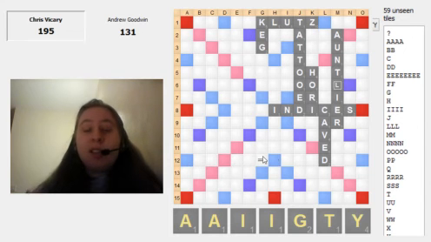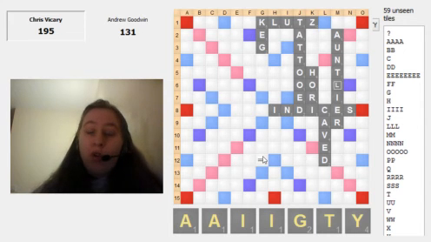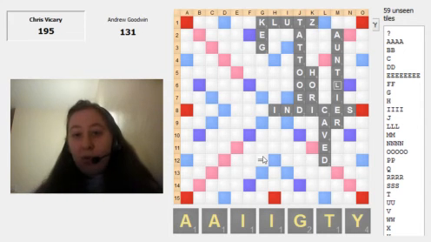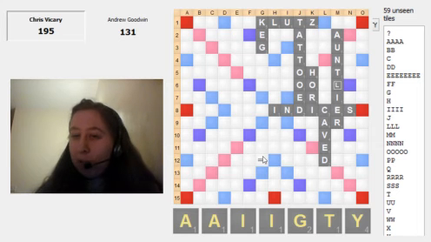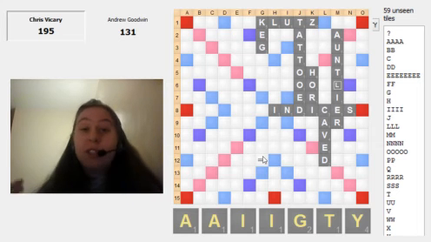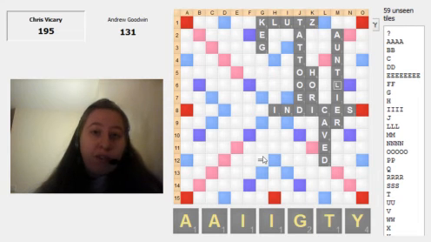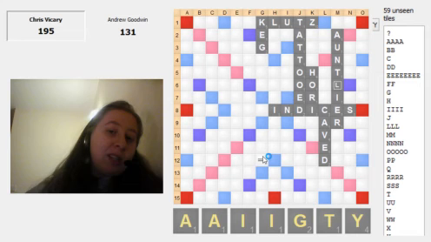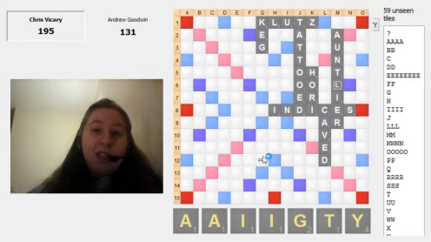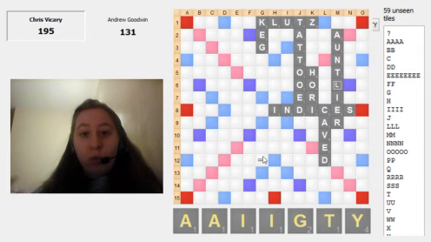It just makes it a lot harder to bonus with, so you're going to be less likely to want to keep Y's. But the best part about Y's is that because it does go so well with consonants and vowels, it can be really easy to score a good 30-40 points on a board with a Y and the rest of your rack, because it's just so nice to have that scoring potential when you don't have a bonus.